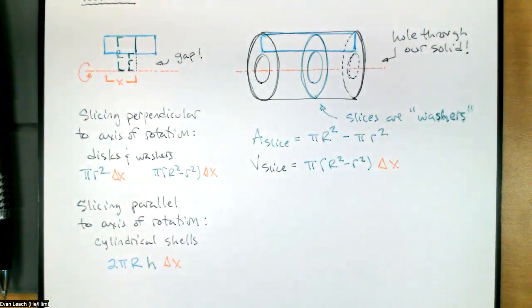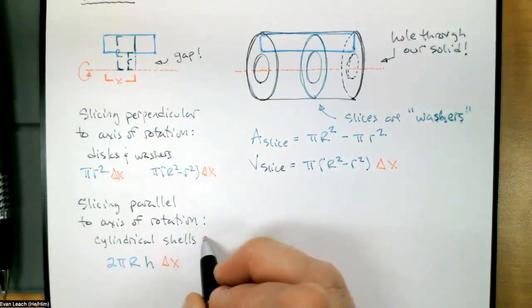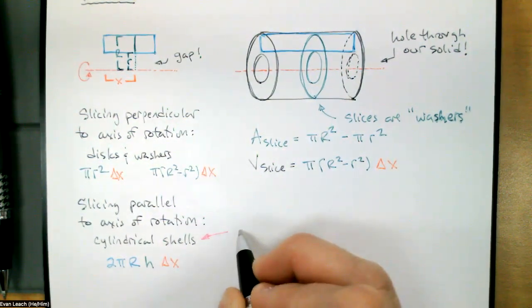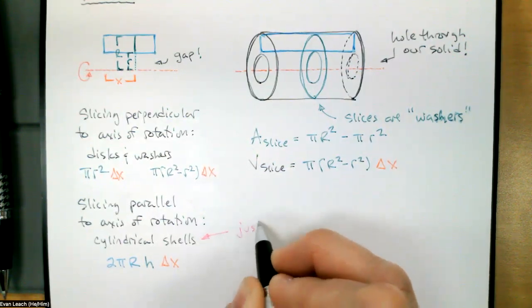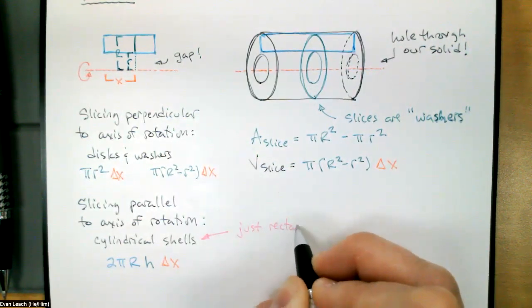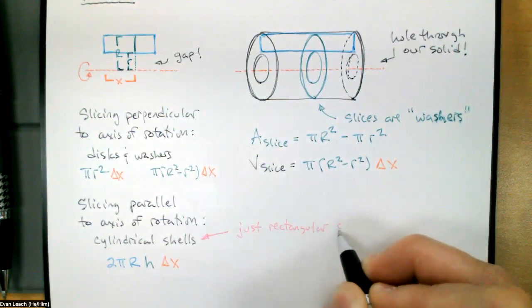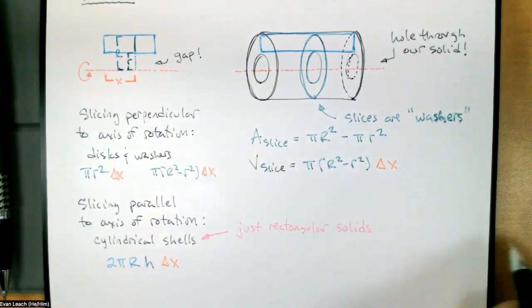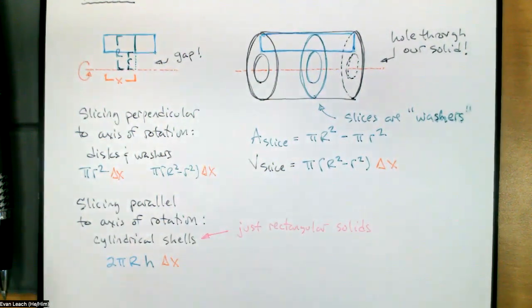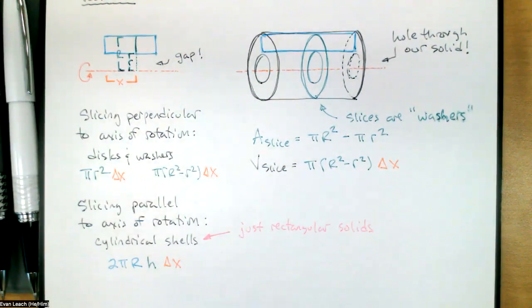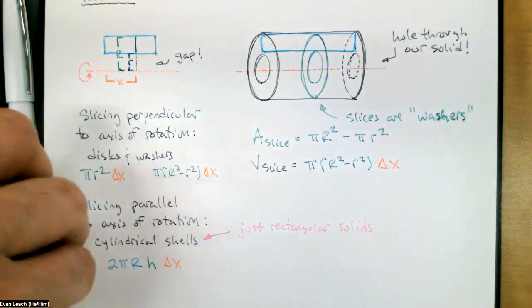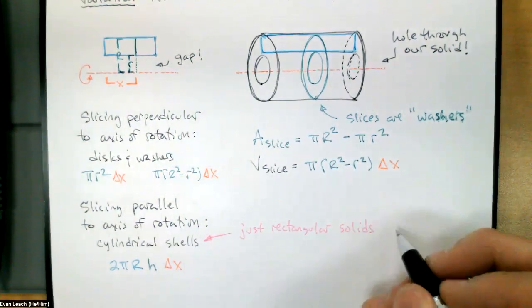We're going to describe them as cylindrical shells, but secretly, they're just rectangular solids. They're rectangular solids bent into cylinders.